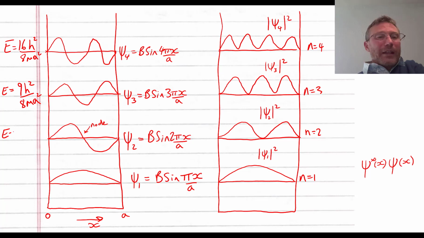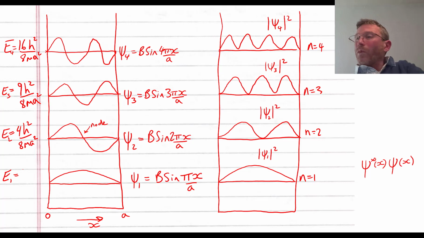Here we've got E is equal to 4h squared over 8ma squared, and the last one here, this will be E1, E2, E3, E4, is equal to 1h squared over 8ma squared.